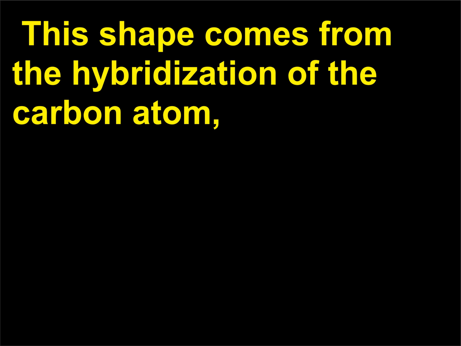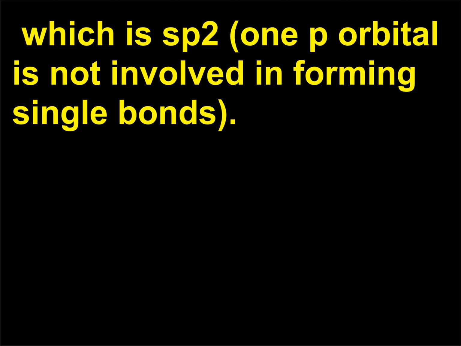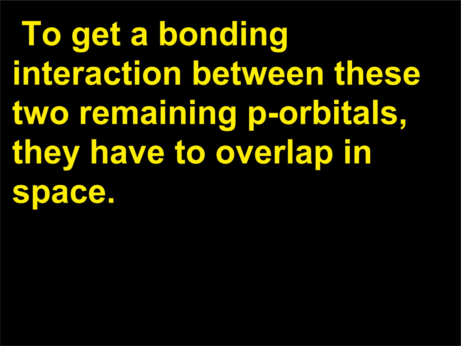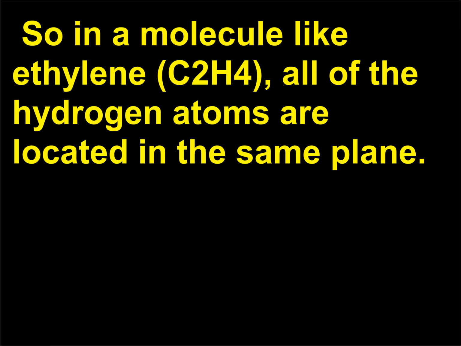This shape comes from the hybridization of the carbon atom, which is sp2, one p orbital is not involved in forming single bonds. To get a bonding interaction between these two remaining p orbitals, they have to overlap in space. So in a molecule like ethylene, C2H4, all of the hydrogen atoms are located in the same plane.